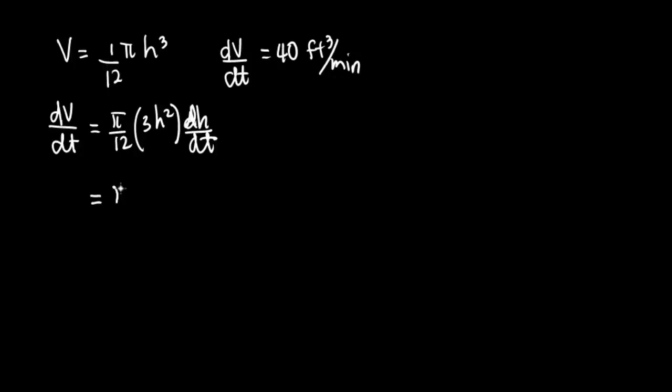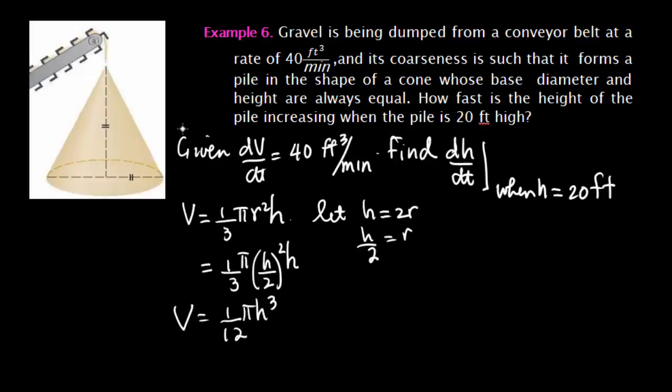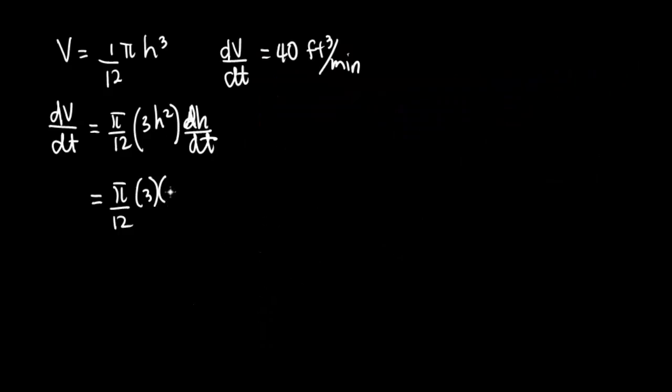So this is now pi over 12 times 3 times, remember, at the instant when h is 20. Let's go back to the problem. At the instant when the pile is 20 feet high, that means h is 20 feet, so substitute h, which is 20, squared, times dh by dt, and this is equal to 40 on the left side.